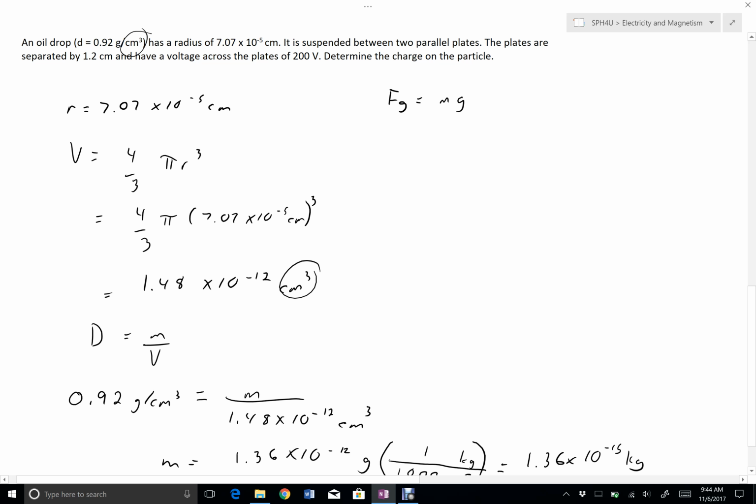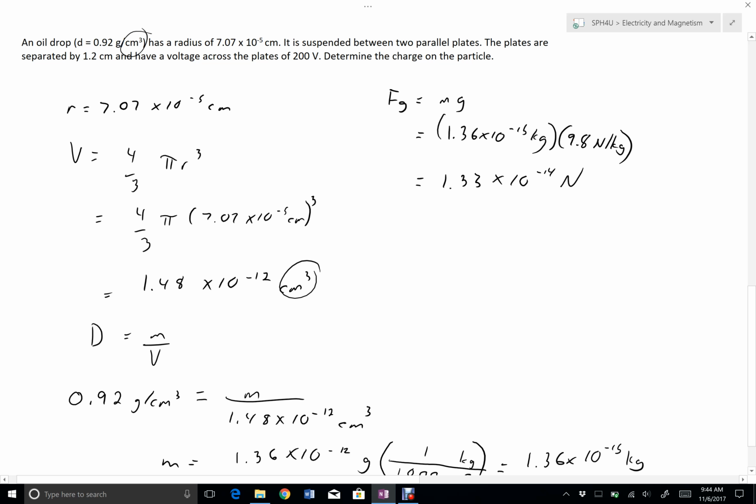Mass times g, assuming we're on the surface of the Earth. 1.36 times 10 to the negative 15 kilograms times my 9.8 newtons per kilogram. And I get 1.33 times 10 to the negative 14 newtons.